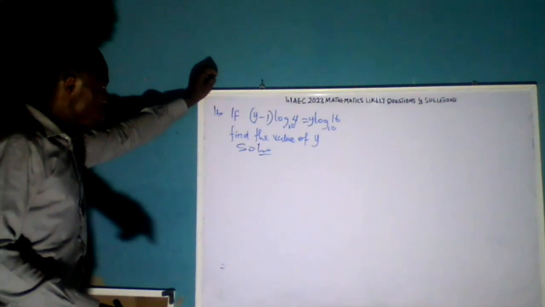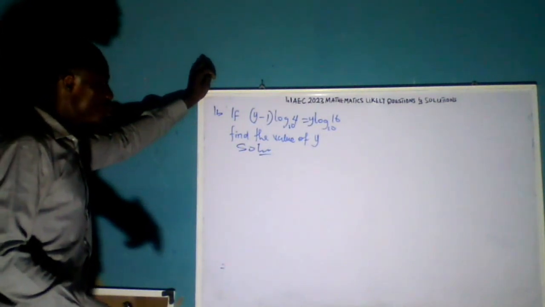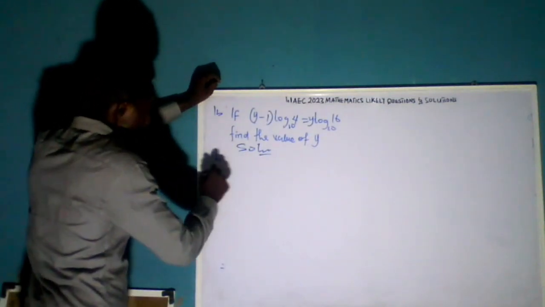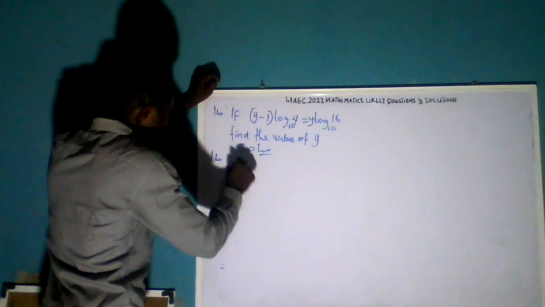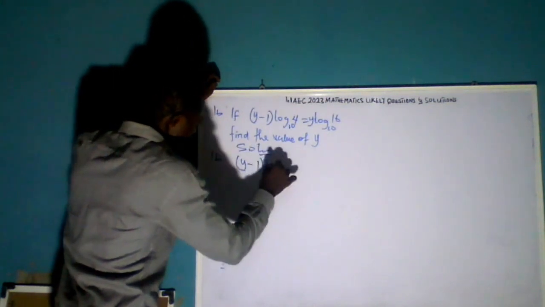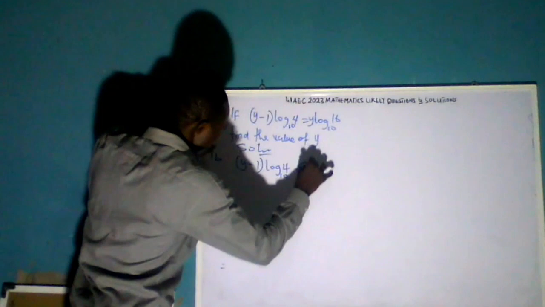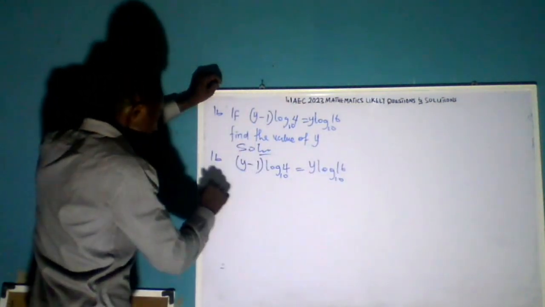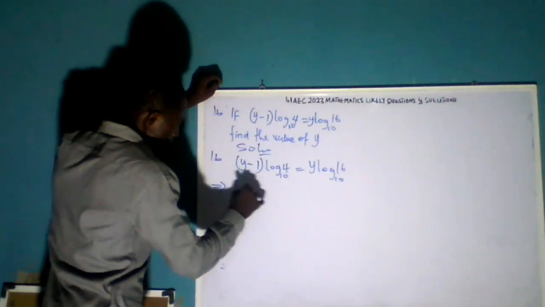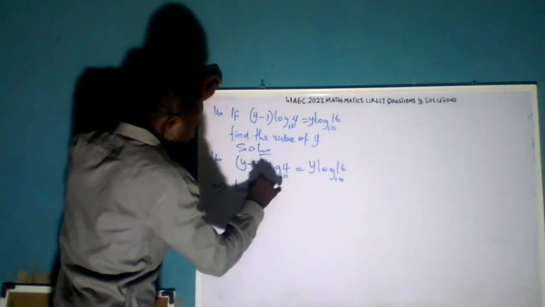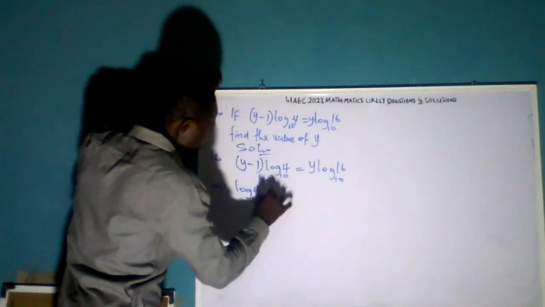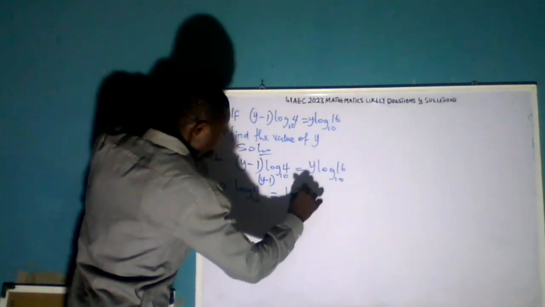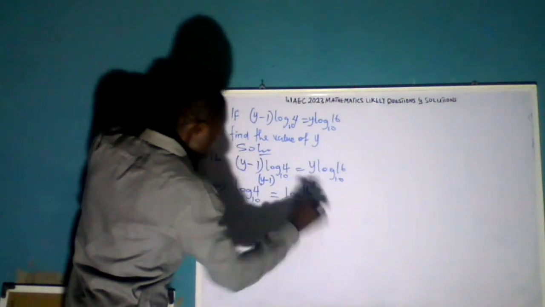If (y minus 1) log 4 to base 10 equals y log 16 to base 10, find the value of y. Solution 1b. We are given that (y minus 1) log 4 to base 10 is equal to y log 16 to base 10, which can be expressed as log 4 raised to power (y minus 1) to base 10 equals log 16 raised to power y to base 10.